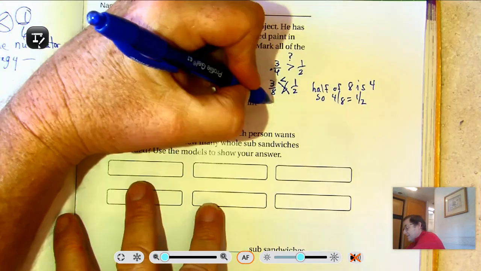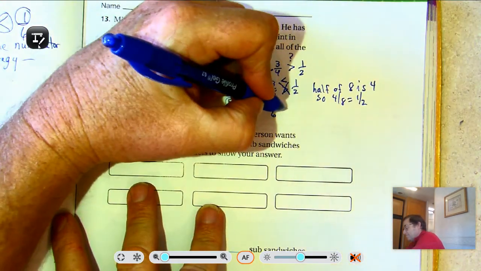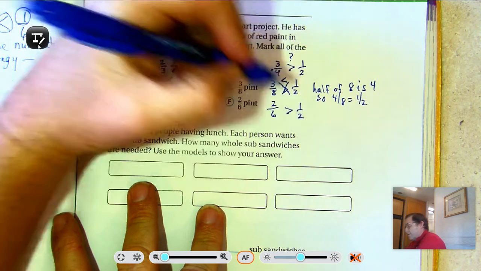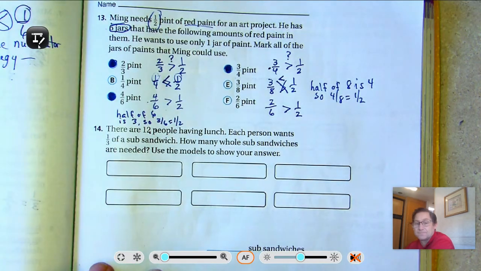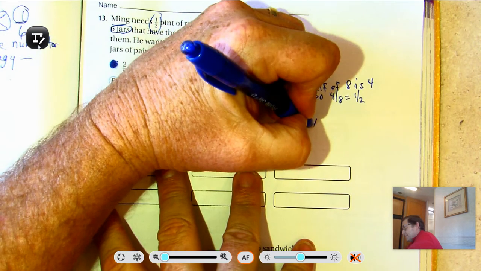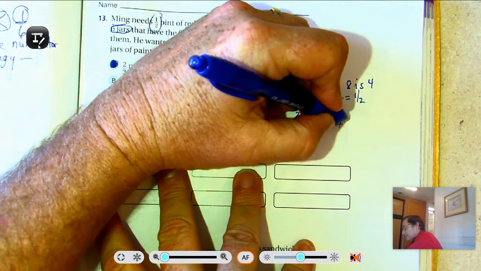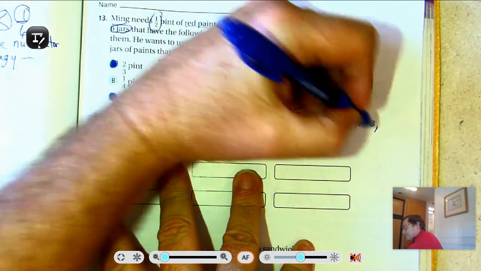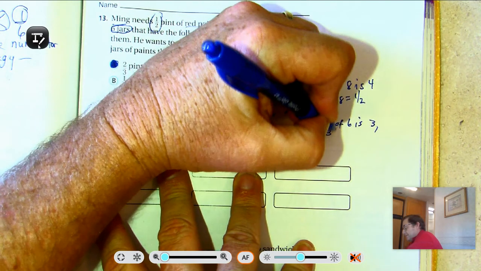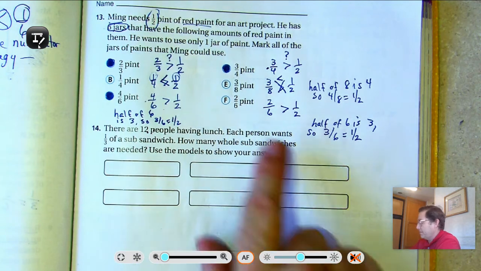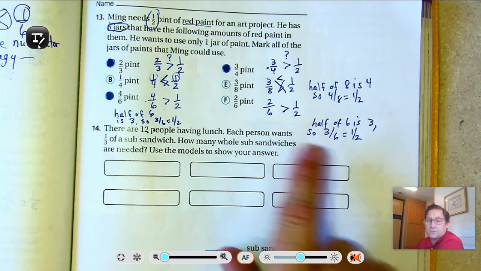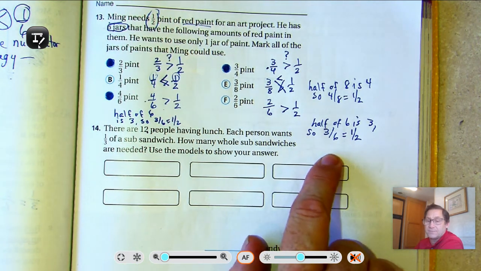How about 2/6 pint? Is 2/6 greater than 1/2? Well, half of 6 is 3. So 3/6 equals 1/2. Is 2/6 greater than 3/6?